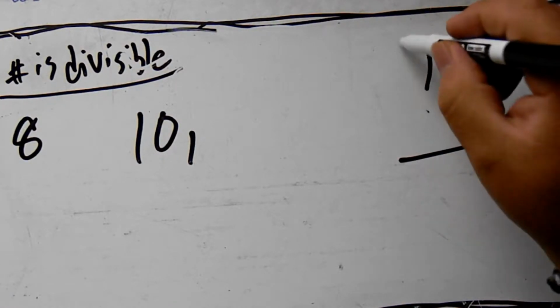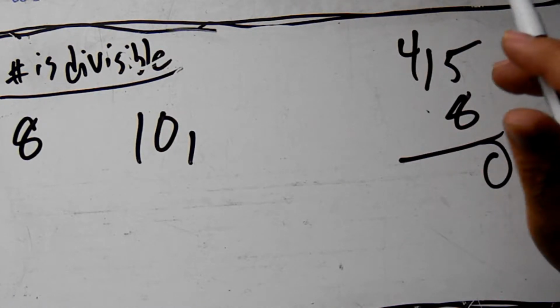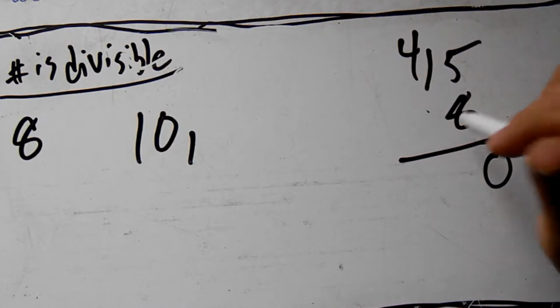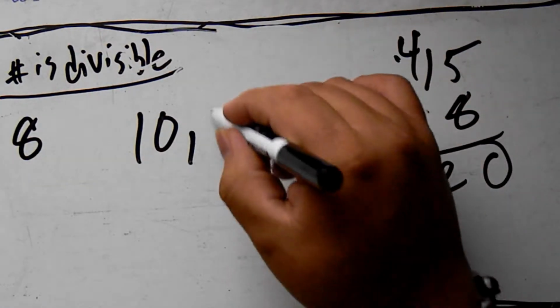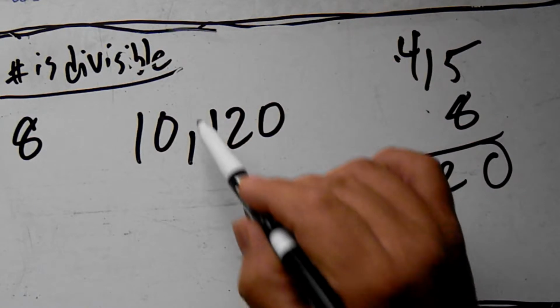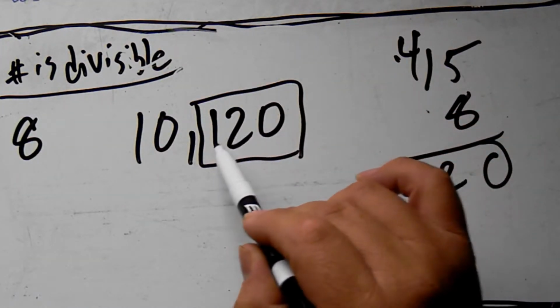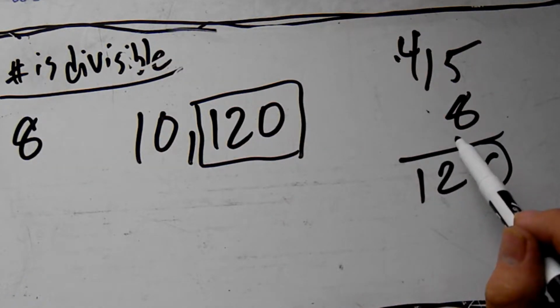So 8 times 15 is 120. So we know that the number formed by the last 3 digits is divisible by 8.